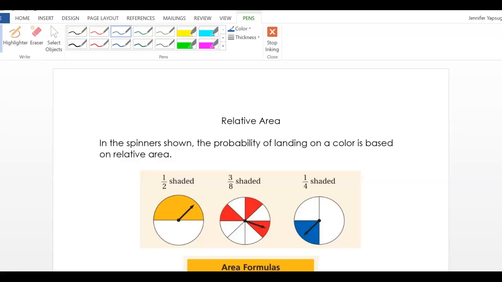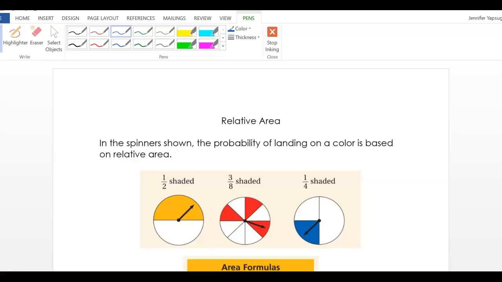The next one has 3 out of 8 pieces shaded, so that probability would be 3 out of 8. And for the last example, you would land on the blue area with probability 1 out of 4.